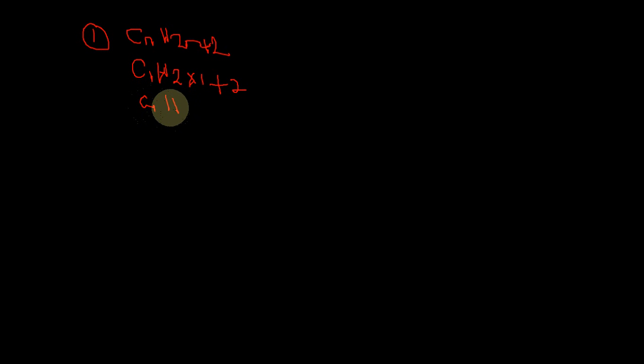C1H, 2 times 1 is 2, plus 2 I'll have 4. So here now I have C, and I have H, and I have 4 subscript there, and I'm pretty sure you have seen this kind of formula.